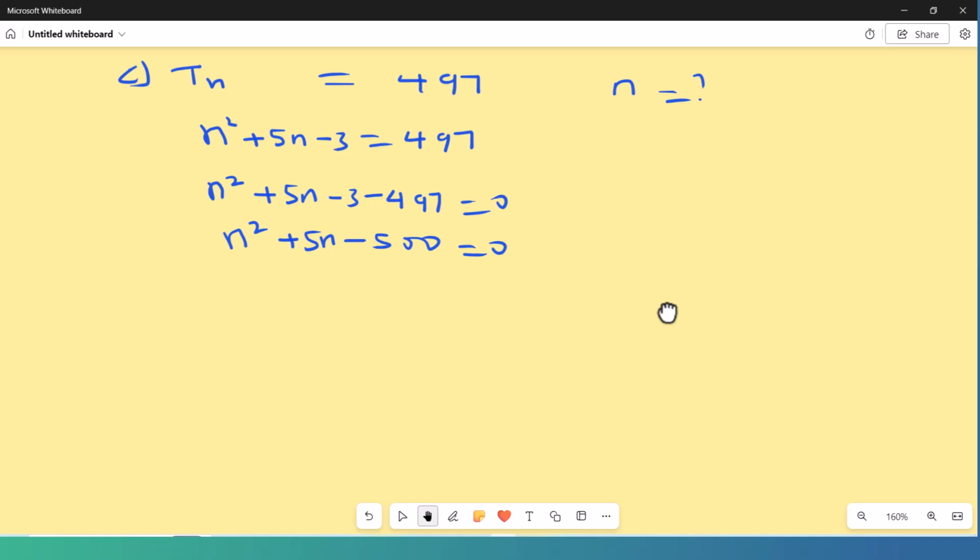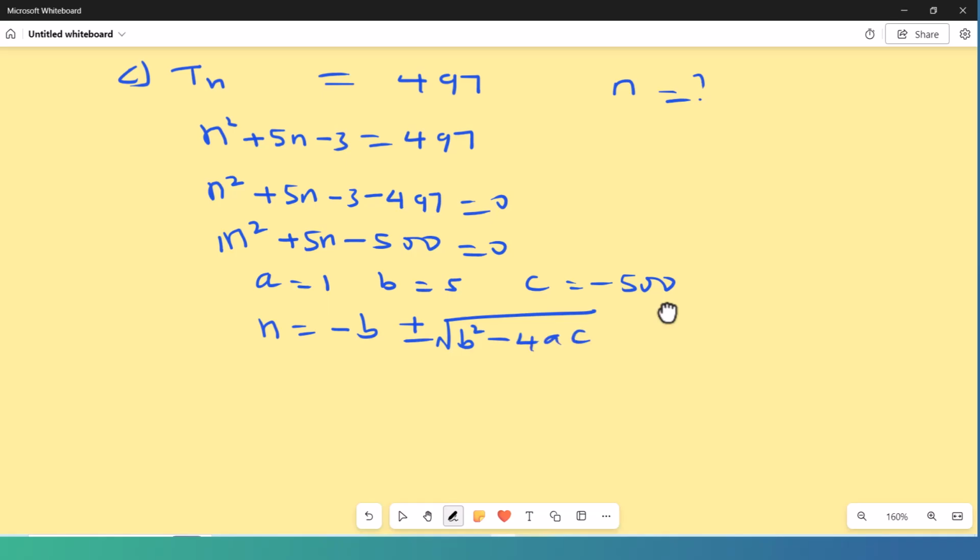So you're going to say here that our a is 1, our b is 5, positive, and our c is negative 500. The formula says that n equals minus b plus or minus the square root of b squared minus 4ac, divided by 2a.